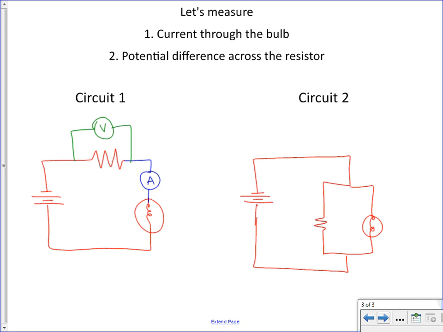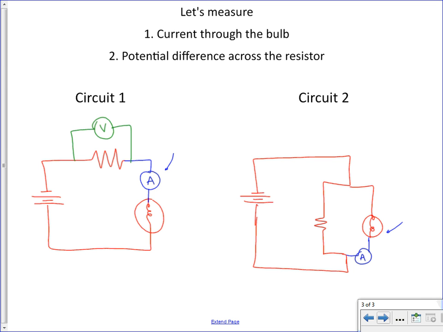Again, let's replace a wire, well, let me do it in blue like I did before. We yank out that wire, replace it with an ammeter. Now notice up here I put it before the lamp. Here I'm putting it after. Doesn't matter.